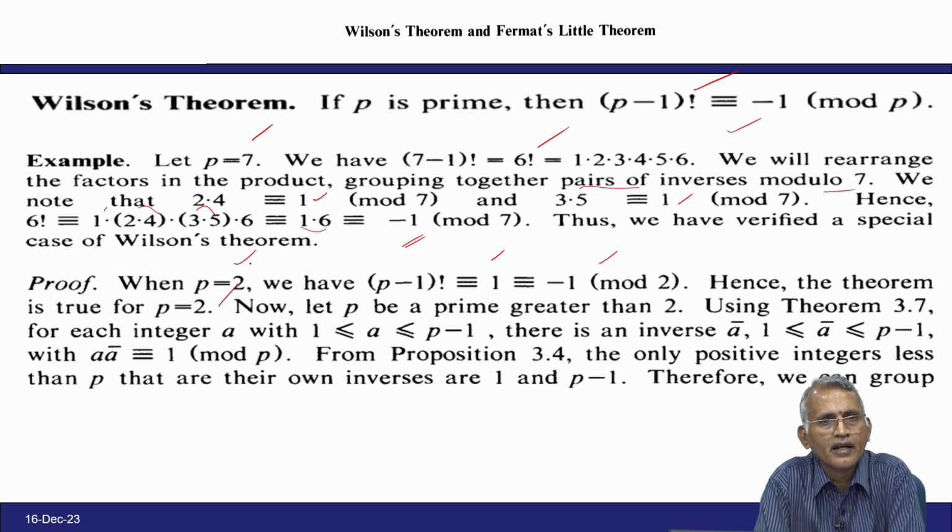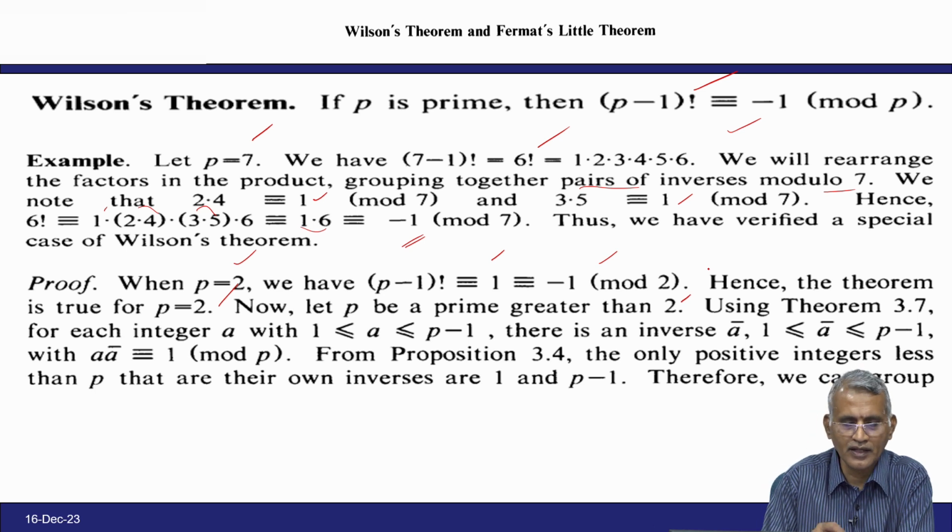Now, let P be a prime greater than 2. Now, using the theorem 3.7, in the sense that we have a theorem that one is the inverse of the other.